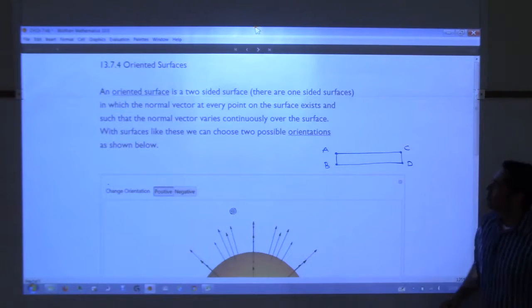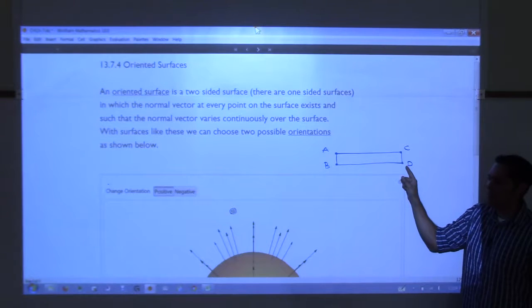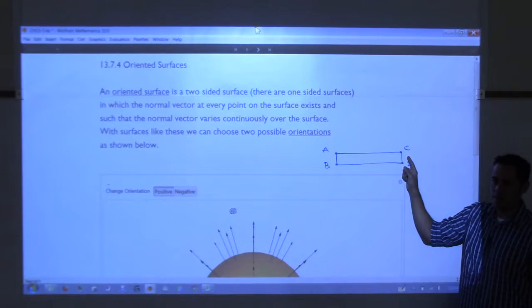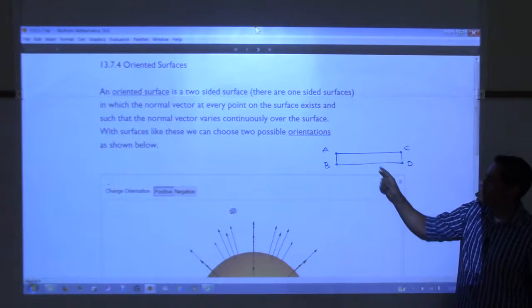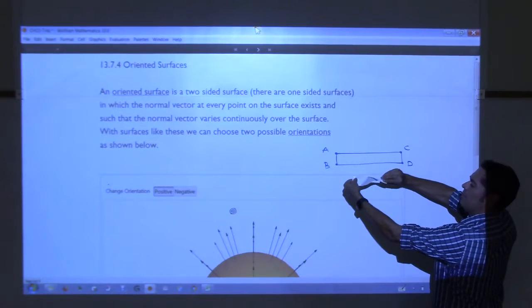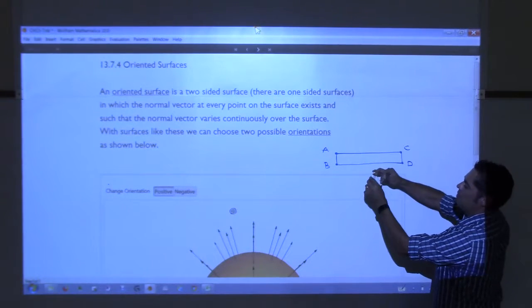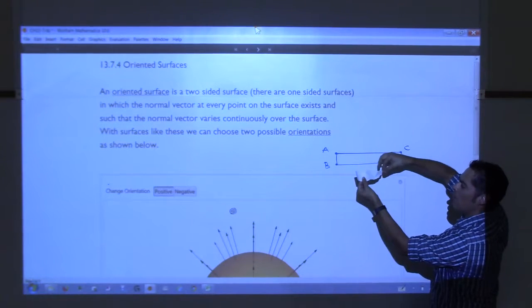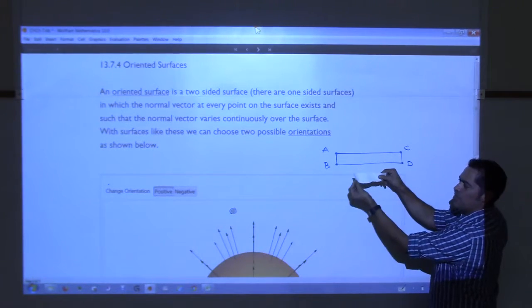Understand? So what if I do this? What if I take A to D and B to C, but at the same time, so I'm going to twist this and put it together, okay? At the same time, I want to take this whole edge and paste it to this edge here.